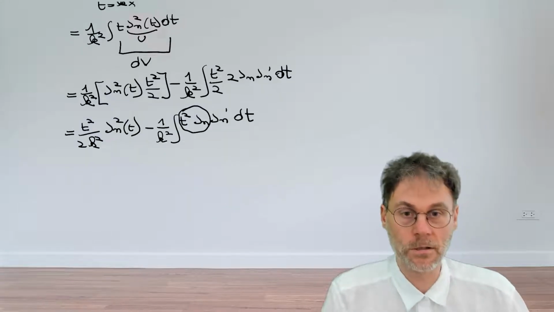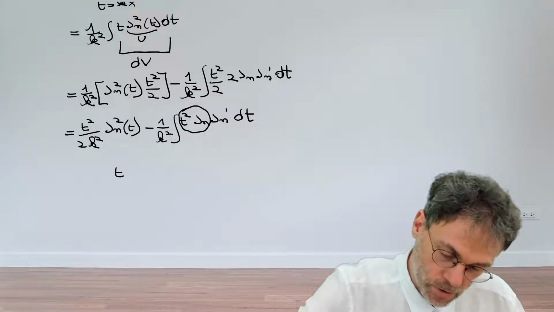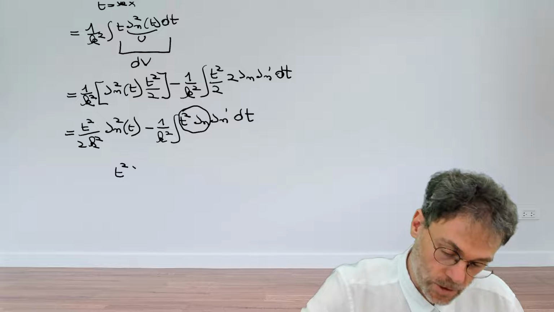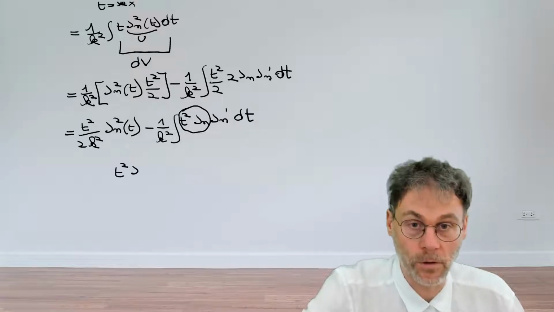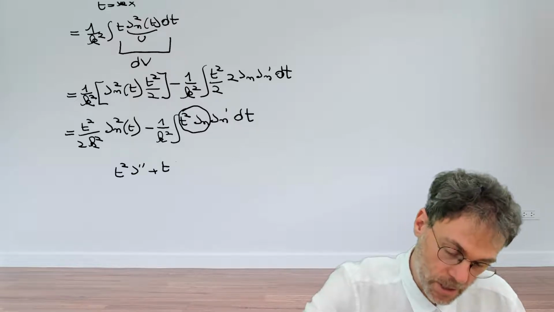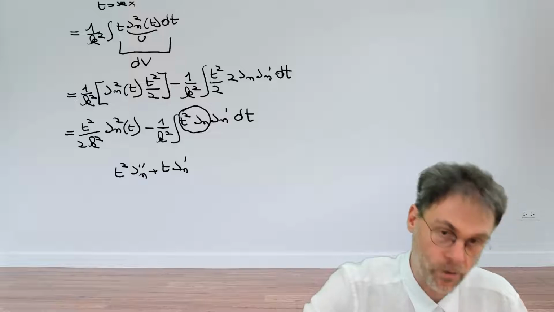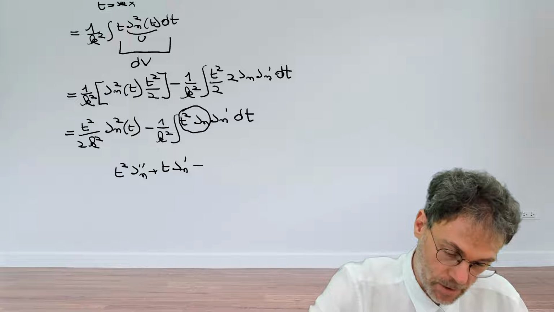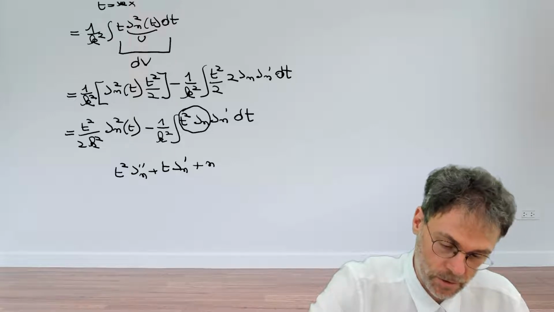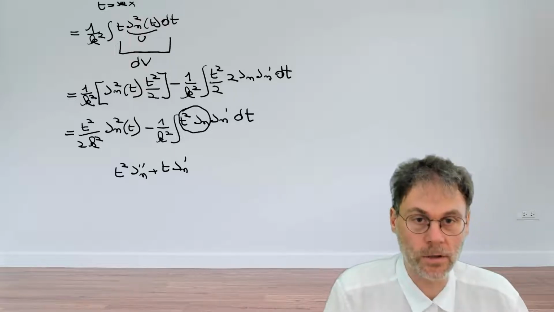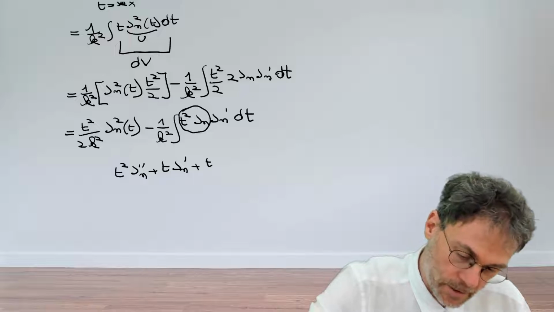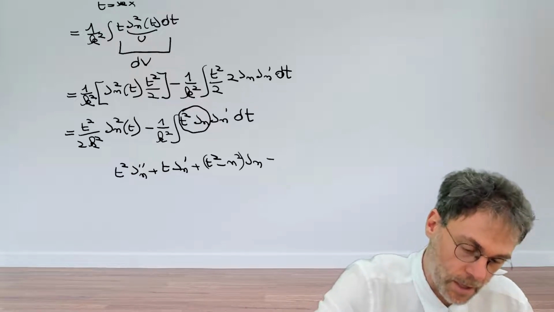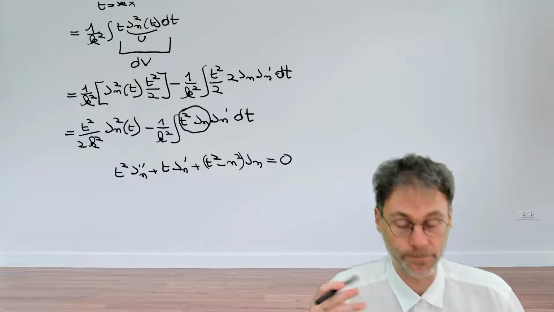So if we have Bessel's differential equation, now expressed in terms of t, that was t squared J_n double prime plus t J_n prime plus (t squared minus n squared) J_n equal to 0.